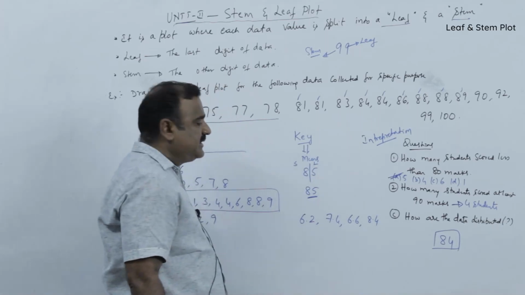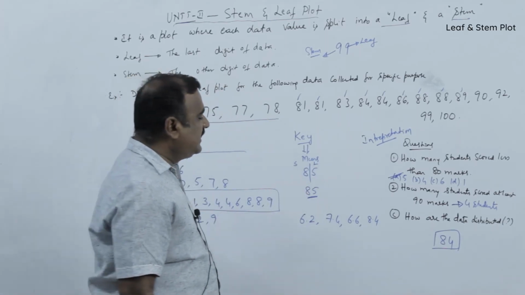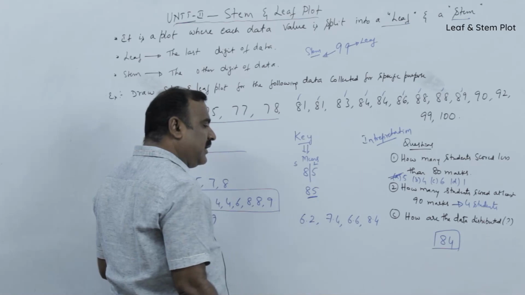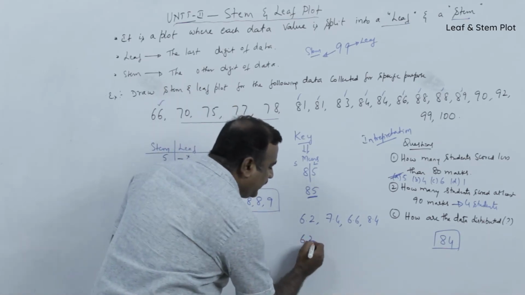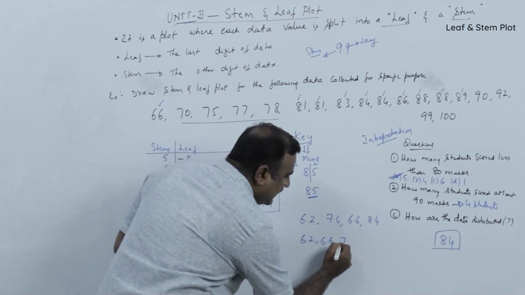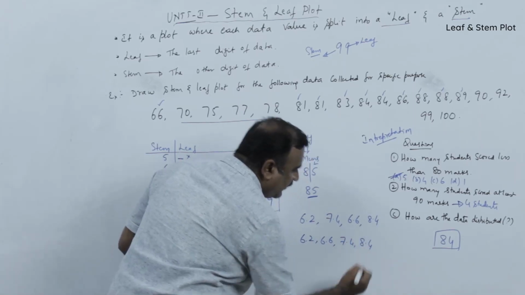This is continuous data. First, organize this into ascending order: 6.2, 6.6, 7.4 and 8.4.